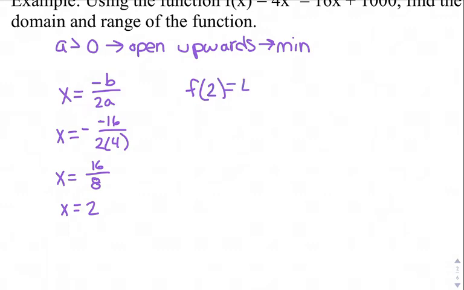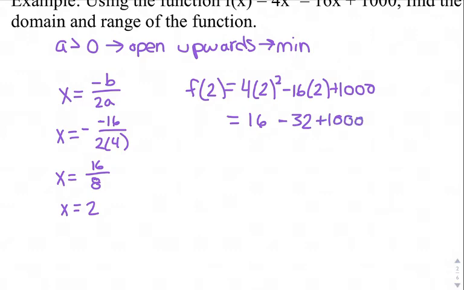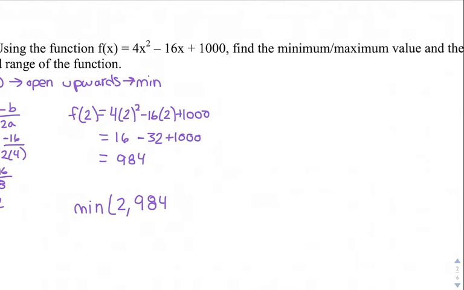So I get 4 times 2 squared minus 16 times 2 plus 1,000. So 4 times 2 squared would give me 16 minus 32 plus 1,000, which means my y value is going to be 984. So my minimum value is 984. If I wanted to sketch this, 984 would be here, and I know it opens upwards, so it's going to look like that.